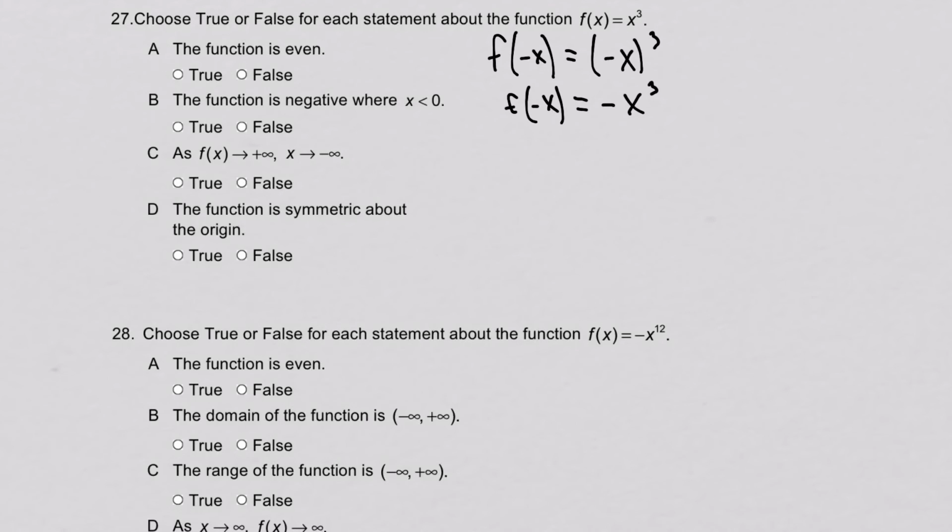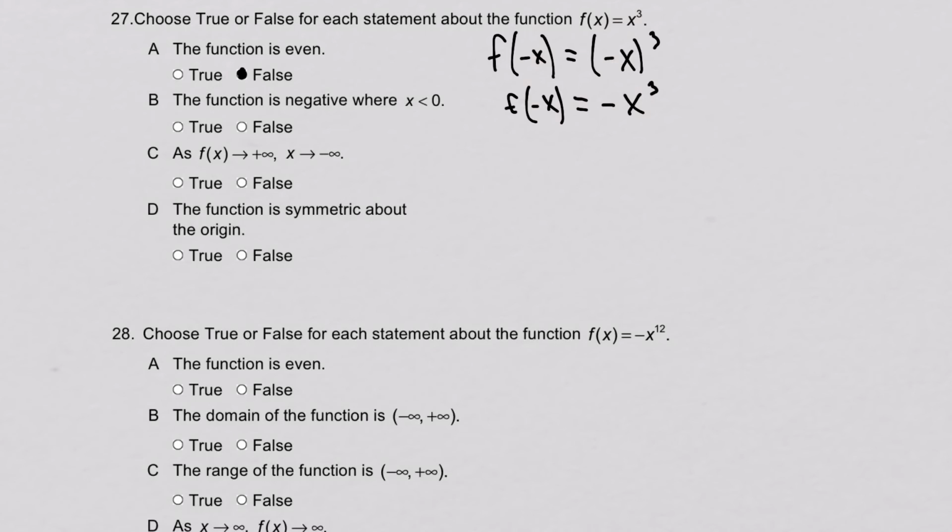If I replace x with negative x and I get back the exact same function, then it's called even. If I get back the exact opposite, which means that if it used to be positive and now it's negative, then we call it odd. So in this case, I did not get back the exact same thing, which means that this function is not even. So first part is false.